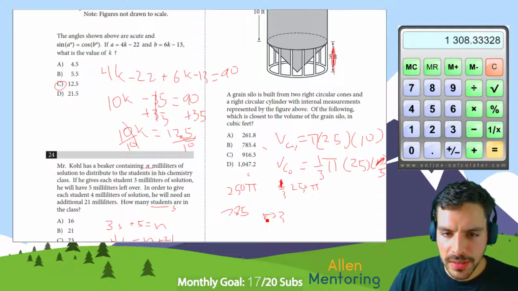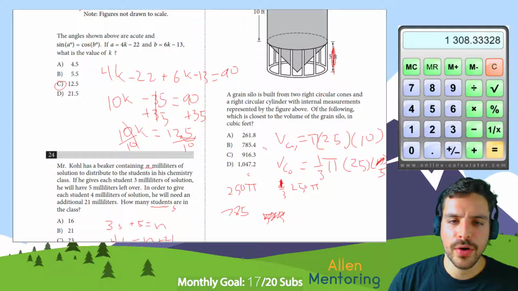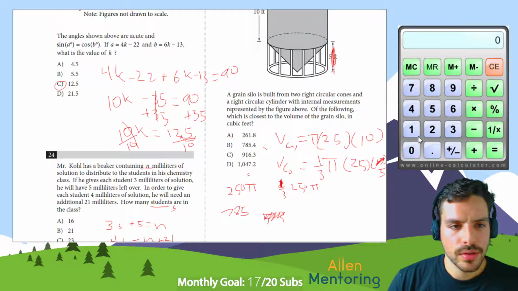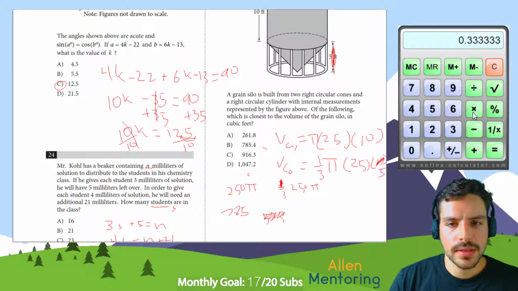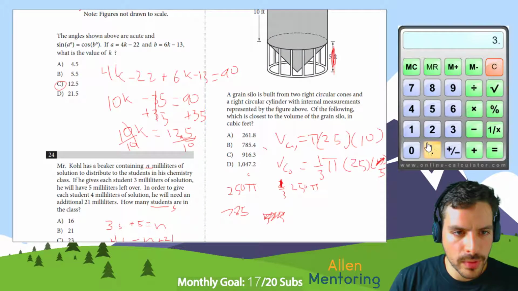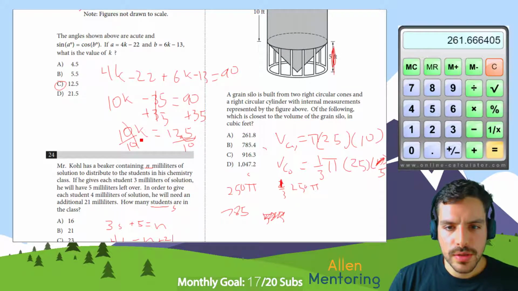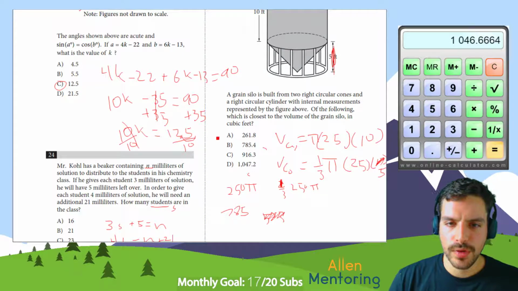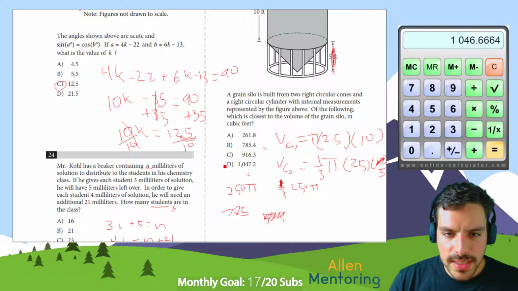So this should be 1/3 times 250 times 0.33333 times 3.14. So it's going to be 261 plus 785, which is 1046. Okay. Sorry, guys. That was my bad.